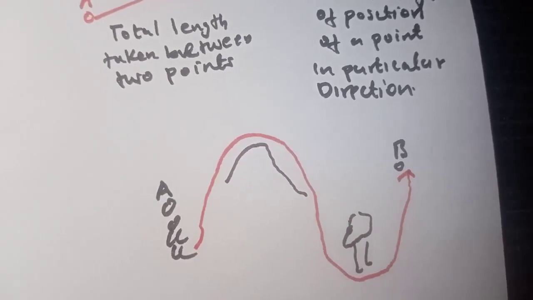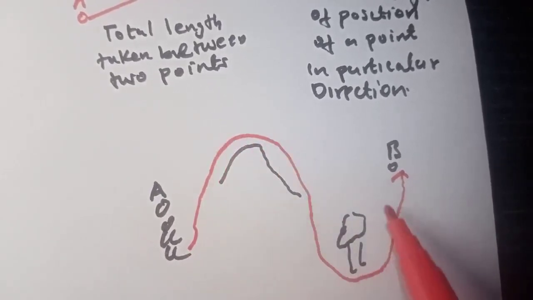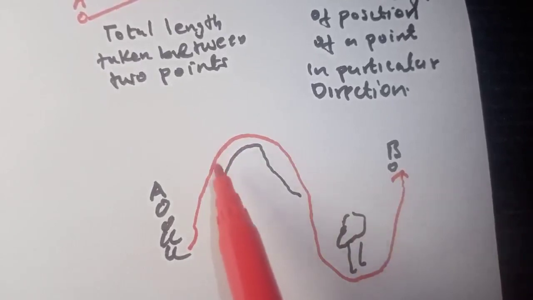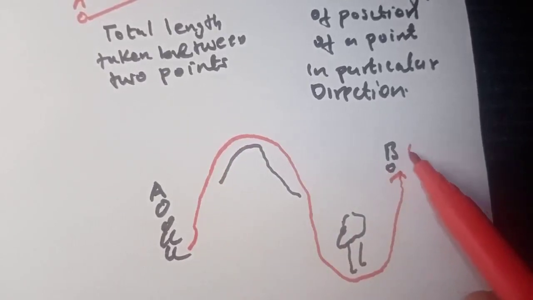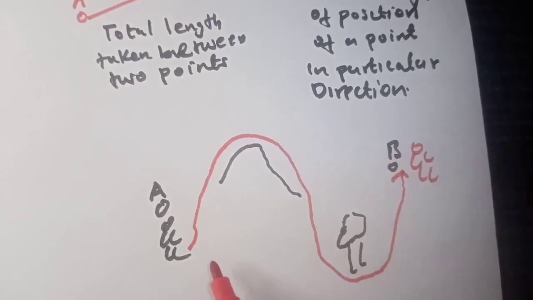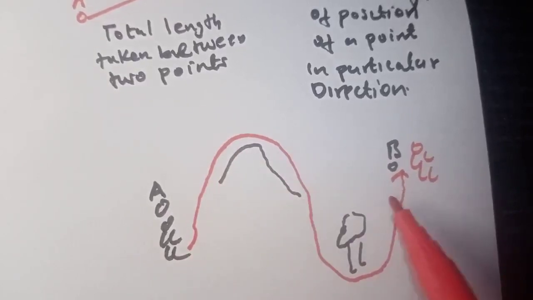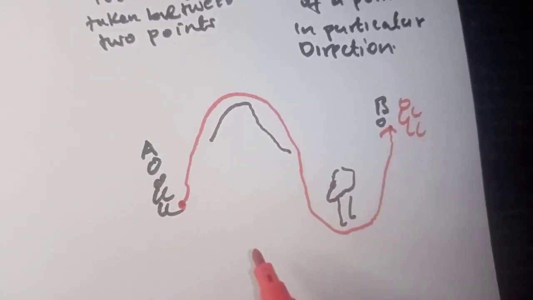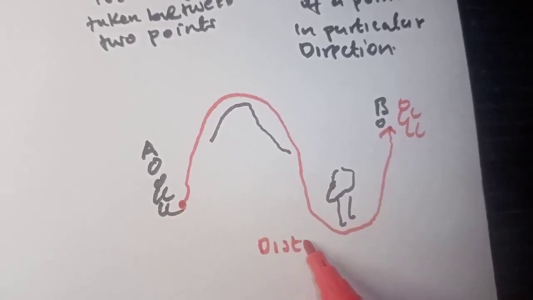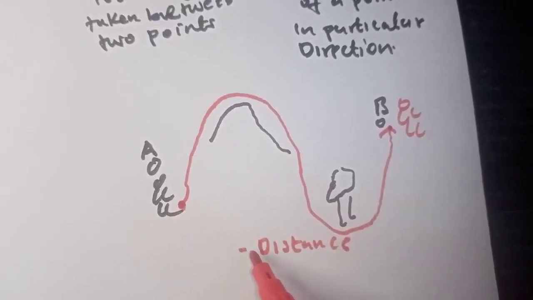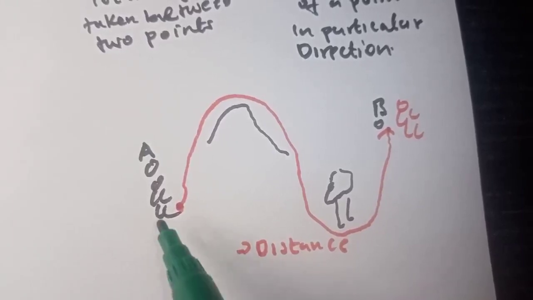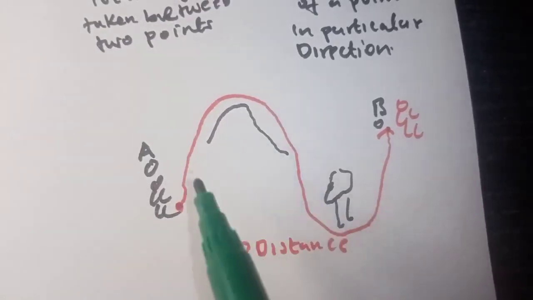So this is what we call the total path taken. Here you are now at point B. When we measure this length, from here up to here, this is what we call distance. The one I've shown in red is the distance. But for displacement, we're simply looking at the change in position.